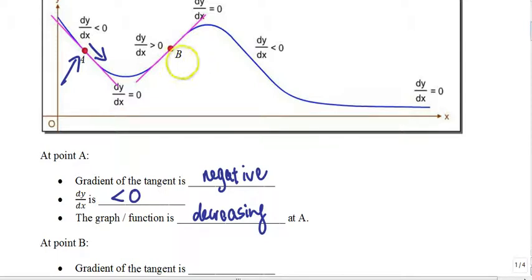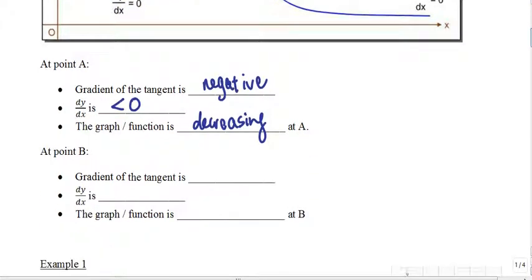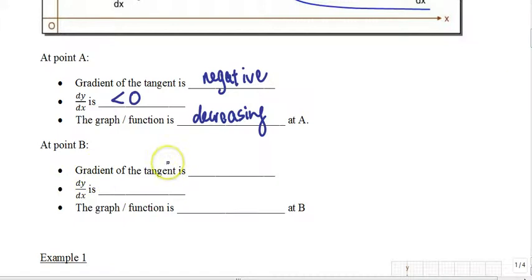Now, what if we pick a point B here? Okay, if you look at the point B, the tangent is shown over here. You realize that the tangent is different. We find that over here, the tangent is actually upward sloping. So since the tangent is upward sloping, the gradient of the tangent must be positive. And recall dy dx also represents the gradient.